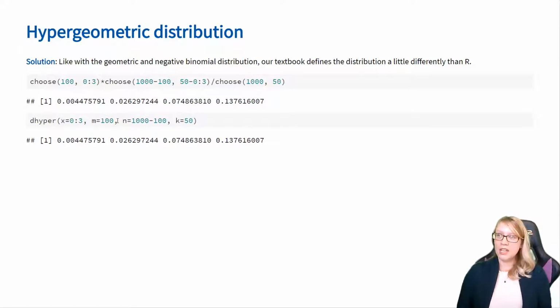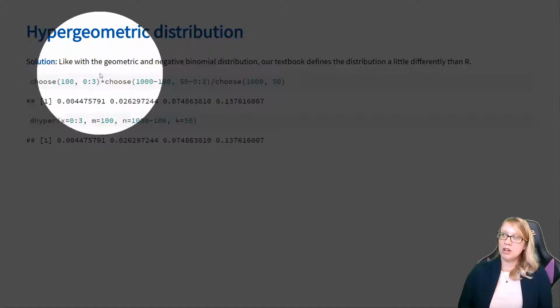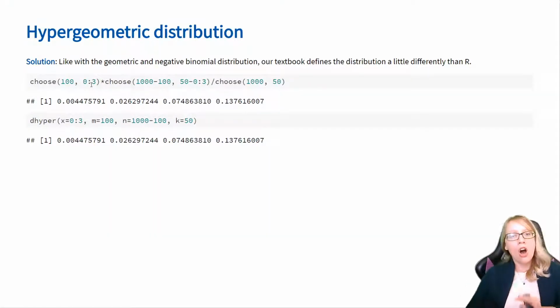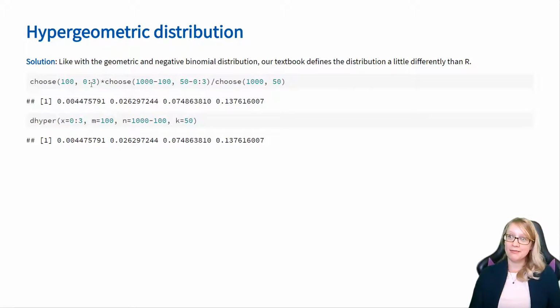So for example here, where I write choose(100, 0:3), this is calculating, for all of the integers between 0 and 3 inclusive, that choose: 100 choose 0, 100 choose 1, 100 choose 2. So I can calculate all 4 of the probabilities at the same time using this, which is pretty neat.